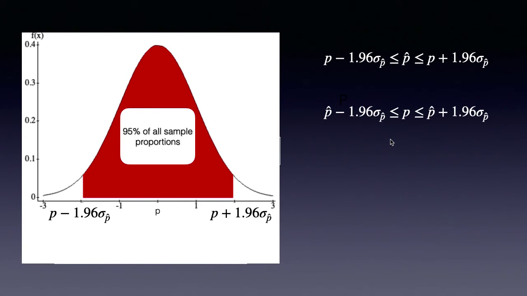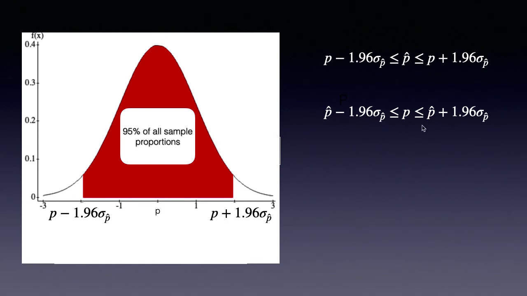It would be a good exercise for you to practice your inequalities, subtract p, then p hat, and then do some math magic to come up with this inequality. Notice now my unknown is in the middle, and it's in terms of some things that I know or could compute.